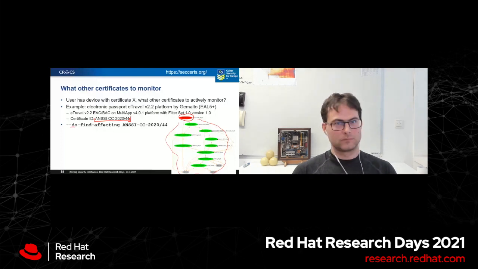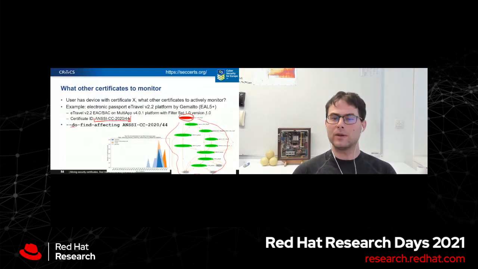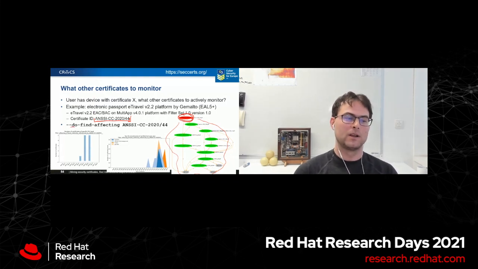Not for sure, of course, it depends how it's used, but I need to keep an eye on these certificates. And you can then look at what the manufacturers of the devices I'm dependent on are, what levels I'm dependent on. If I have something that is really high level and I'm depending on something which is really low level, that's likely an issue. So maybe we have some imbalance in what we are dependent on.